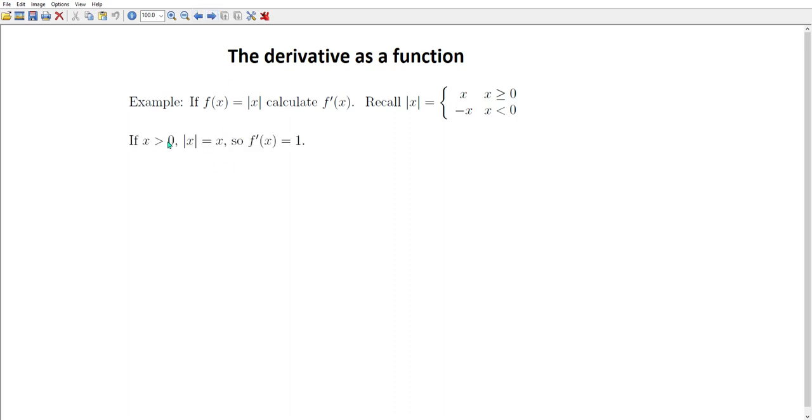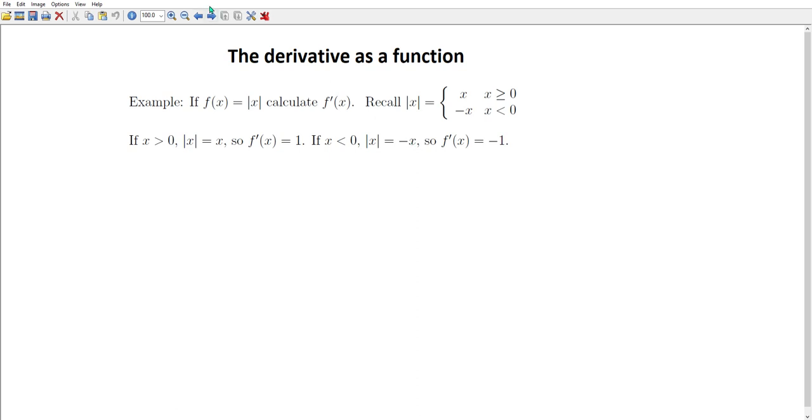So if x is greater than 0, absolute x is x. Y equals x is a line with slope 1, so the derivative there is 1. If x is less than 0, absolute x is minus x, so f prime of x is minus 1 because y equals minus x is a line with slope minus 1.